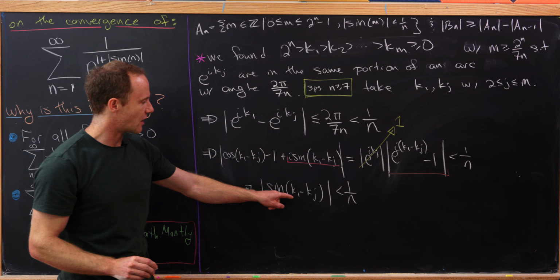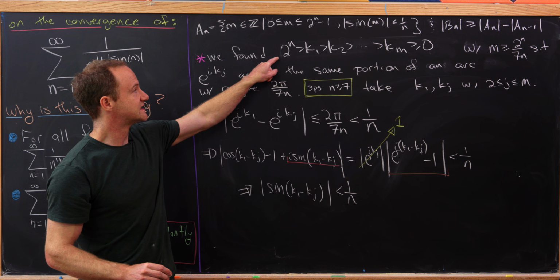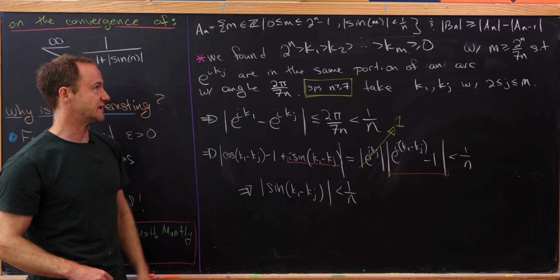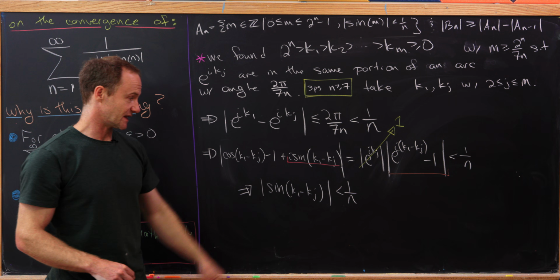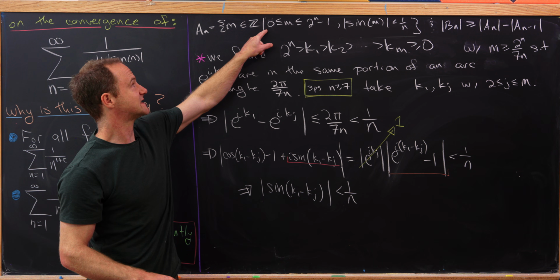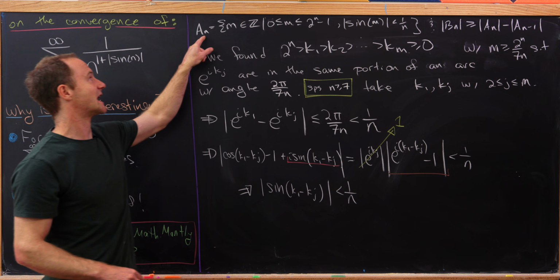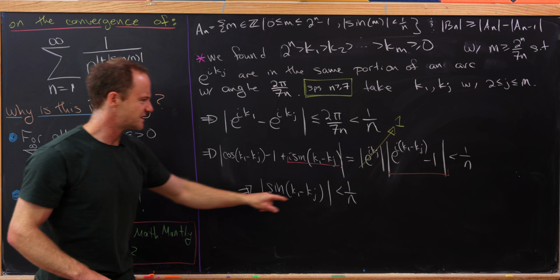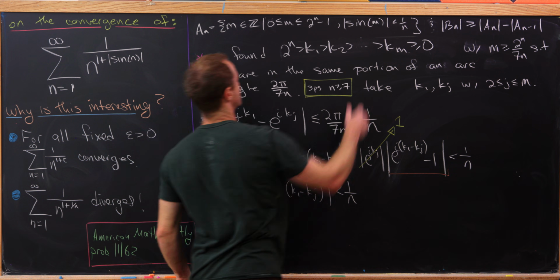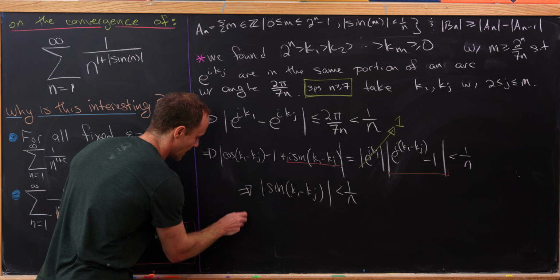Oh, but check it out. By our construction, since k_1 is bigger than k_2 and so on and so forth, and they're all between 0 and 2 to the n, that means that k_1 minus k_j is in the size requirement to get inside of A_n. Since we've put it below 1 over n, it satisfies this rule to get inside of A_n as well.